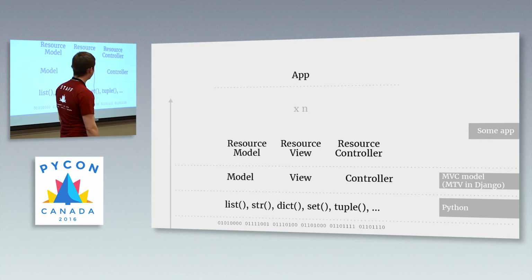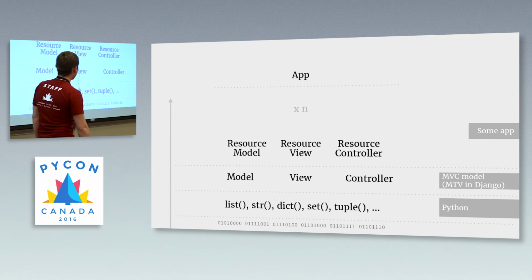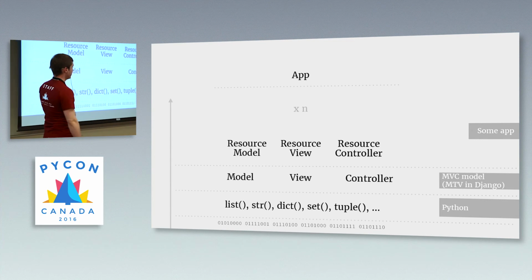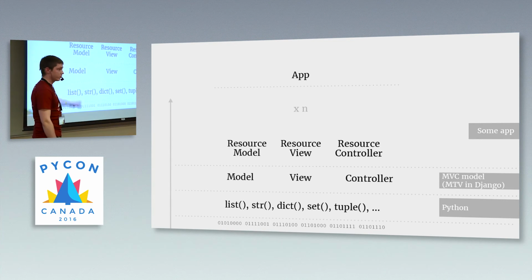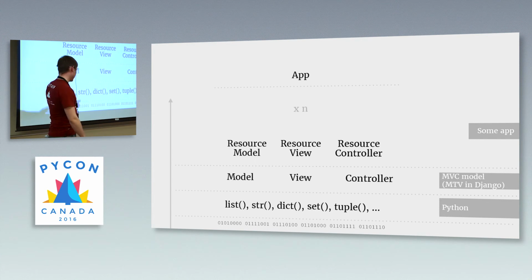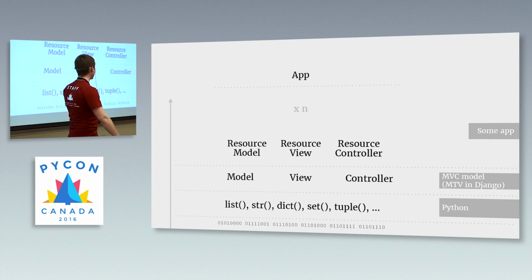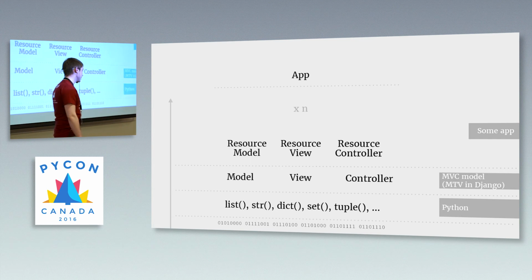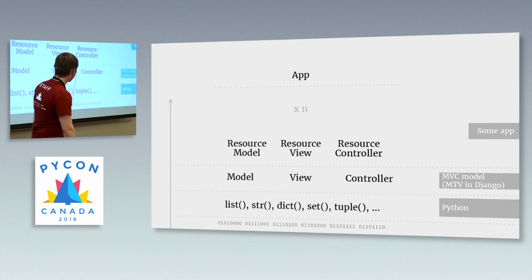But this is how you scale your abstraction. You don't have to worry about the implementation of how you store or retrieve the data. This is all handled in your model. The view is how you want to present your data, and the controller takes what data should be presented.